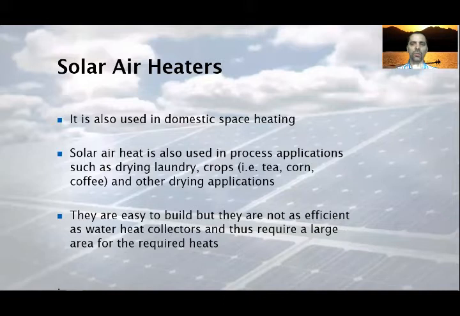Solar air heat is also used in process applications, such as drying laundry and crops, for example tea, corn, coffee, and other drying applications. They are easy to build, but they are not as efficient as water heat collectors and thus require a large area for the required heat.